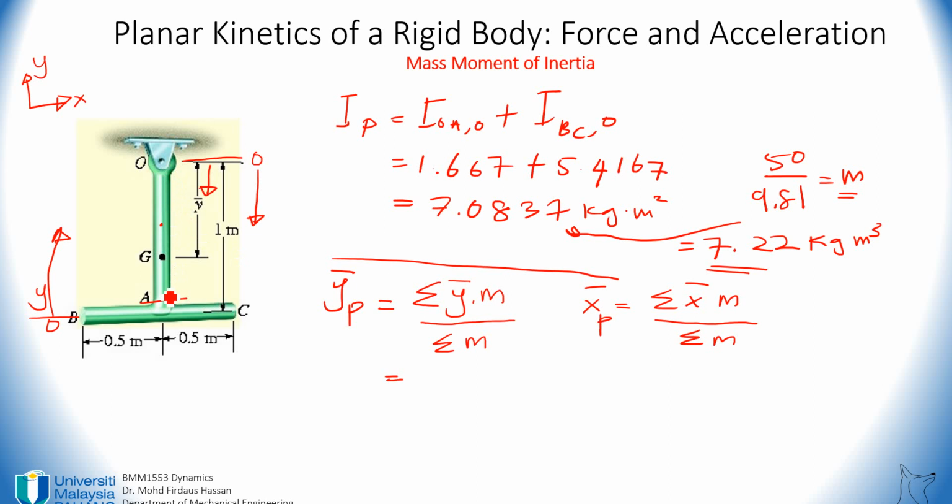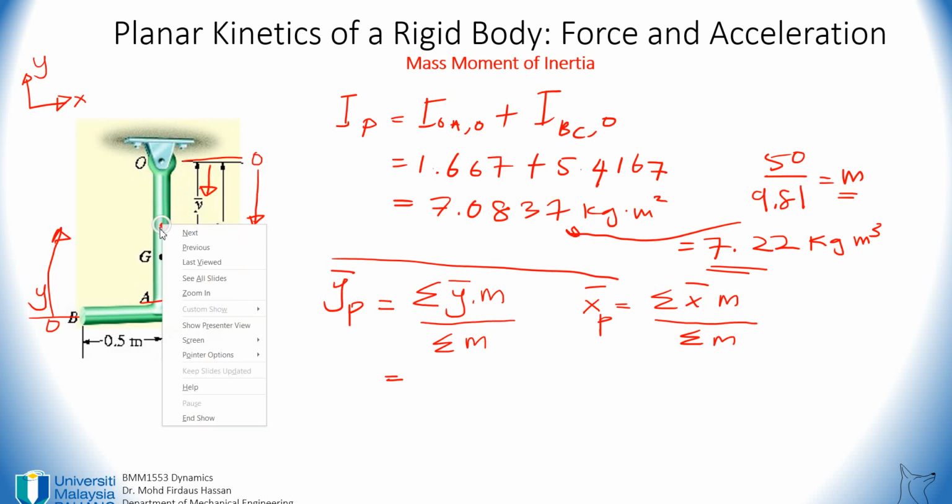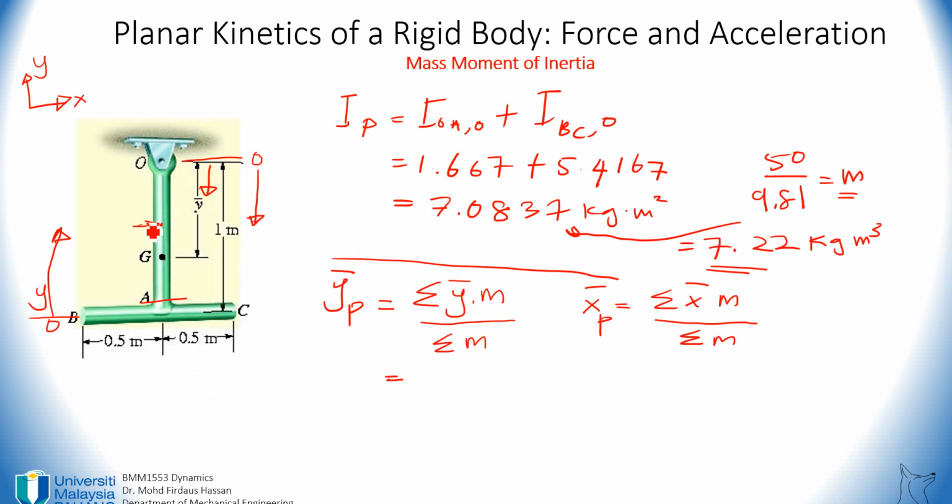For rod OA, G is here, of course. So if Y is measured from this line, downward is Y. So Y for rod OA is in the middle, which is 0.5. 0.5 times its mass, 5 kilogram, plus for rod BC, the G is here.